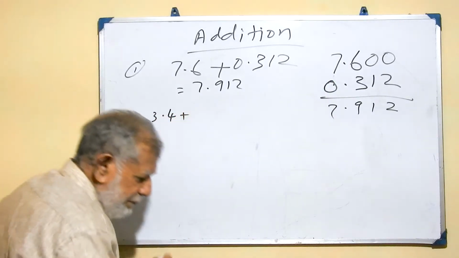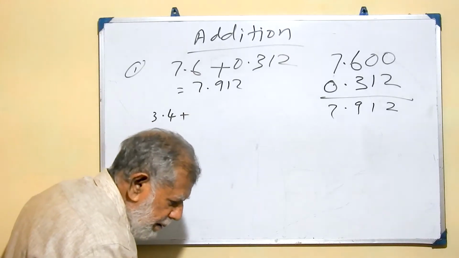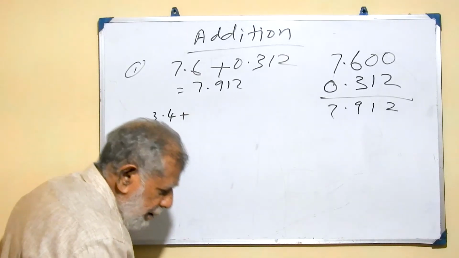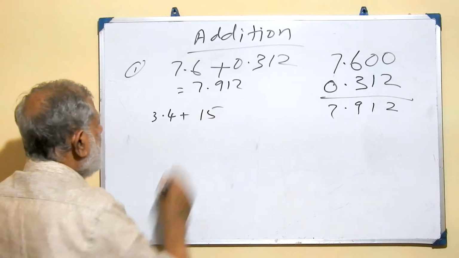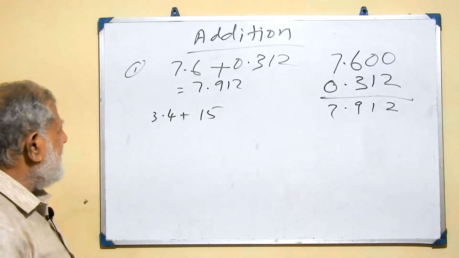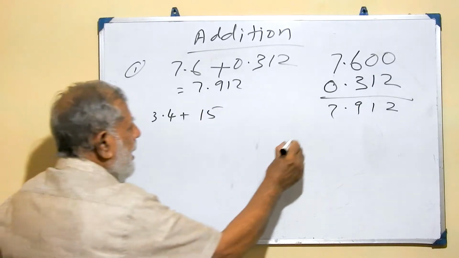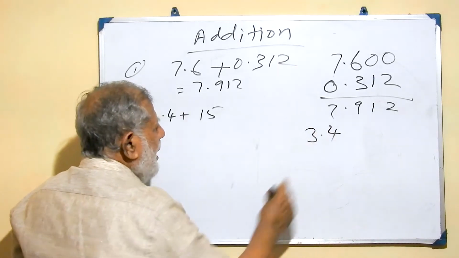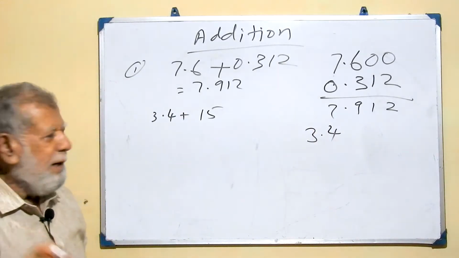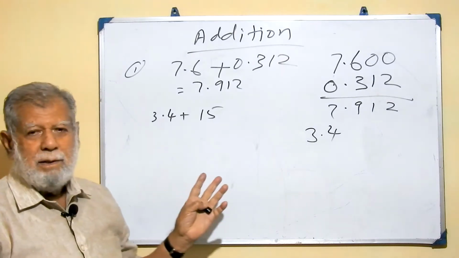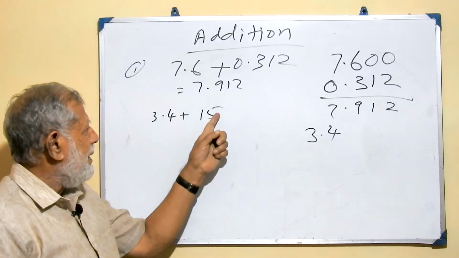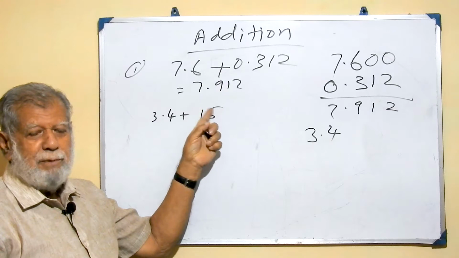3.4 plus 15, we have to add. So 3.4 we write. Now many children are confused how to write 15, because they don't remember that there is a decimal at the end. 15 is a whole number.